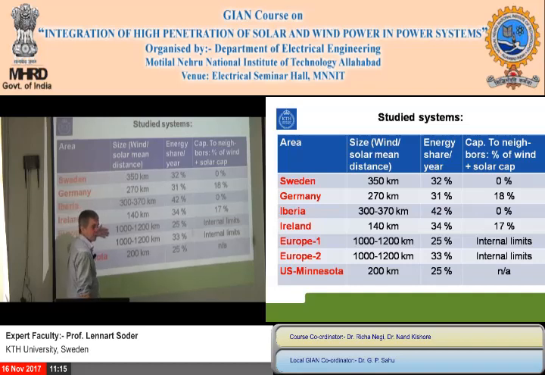The other report is made by a producer. They think, in the future we will have a certain transmission system. Assume that we have a huge amount of solar and wind power, what happens with the production? So it's the same type of study, but they have completely different aims.